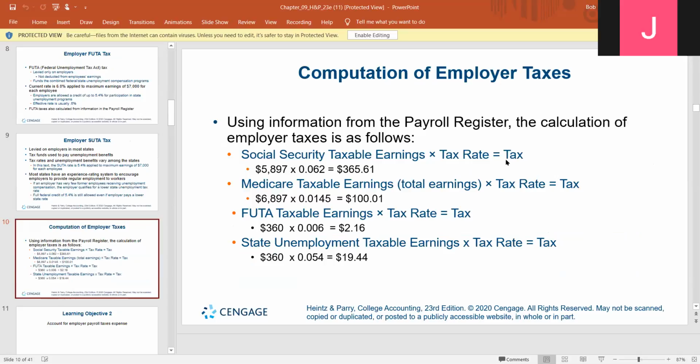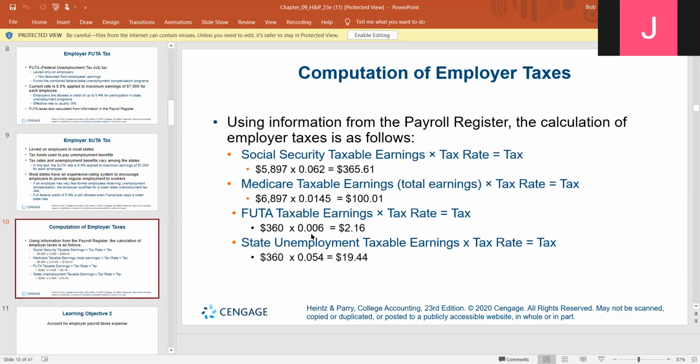Using the information, the calculations are as follows. The taxable earnings for Social Security was 5,897, and for Medicare it was 6,897. Multiply them out by the appropriate rates, 0.062 and 0.0145. Add them together, we get our famous 7.65.